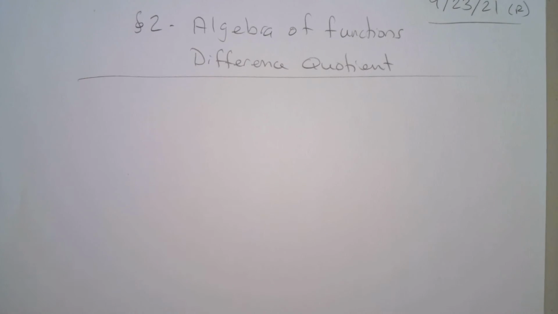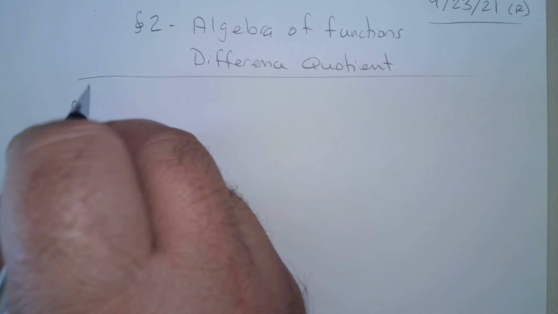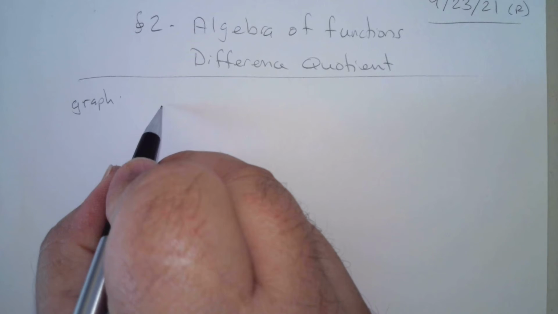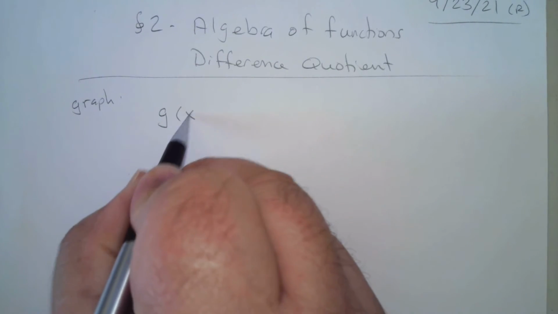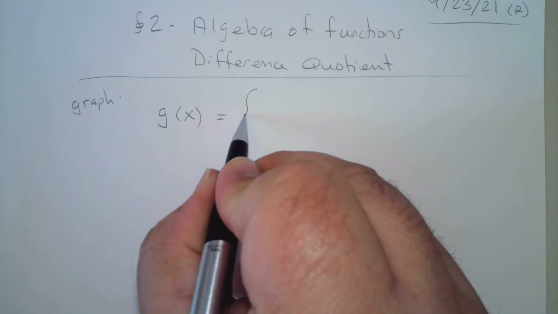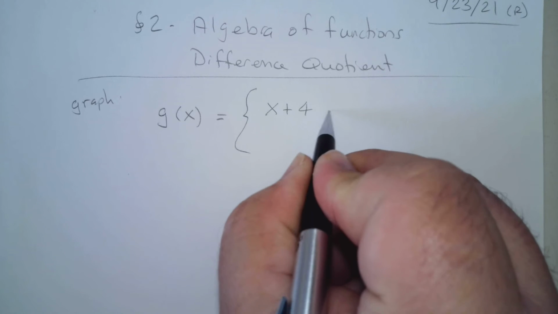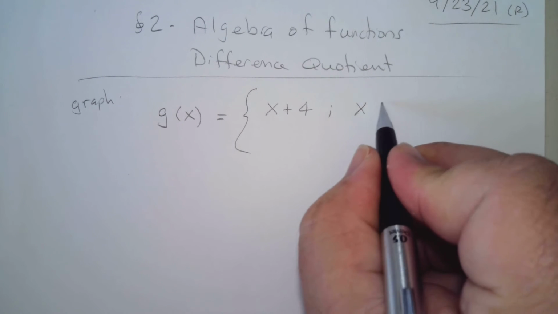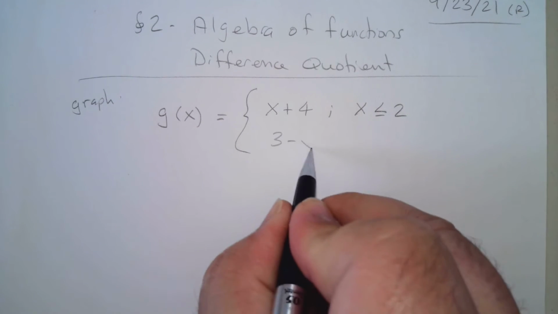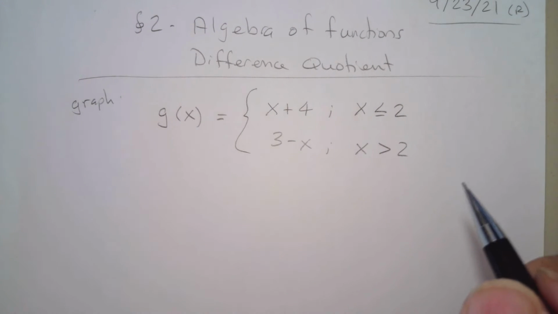So let's review piecewise defined functions first. First, graph this function, g of x equals x plus 4 when x is less than or equal to 2, and 3 minus x when x is greater than 2.